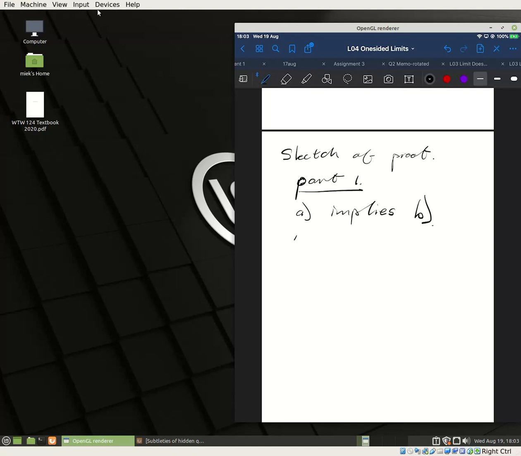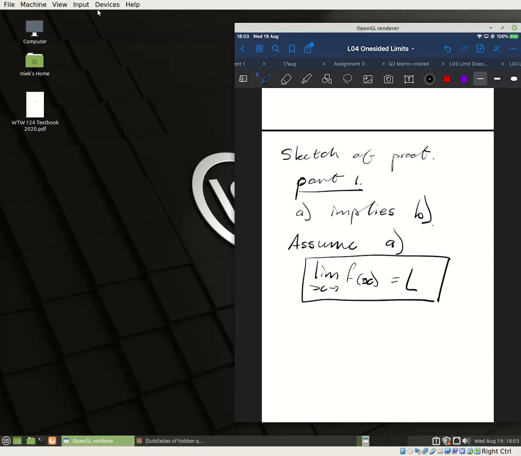So what we will do is we will assume A, meaning the limit as x tends to a of f of x is equal to L. And remember, when we assume a statement like this, here we have a shop. We can bring epsilons, and we can get deltas out.